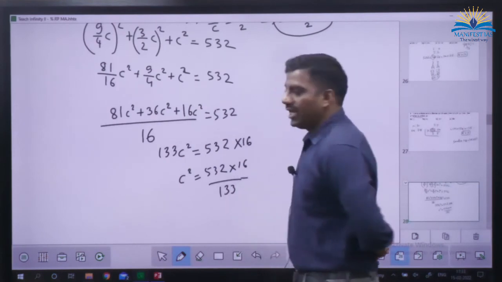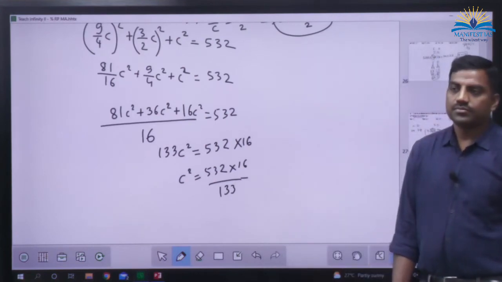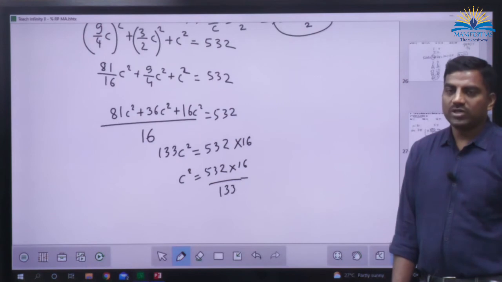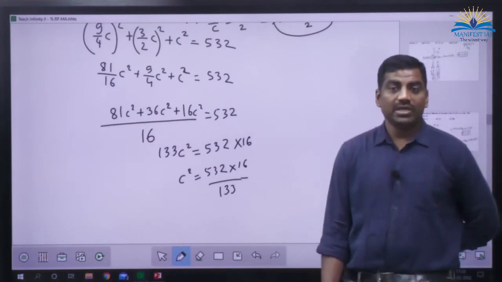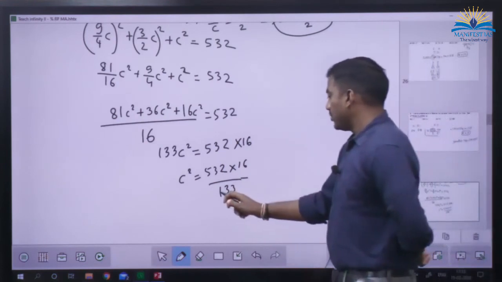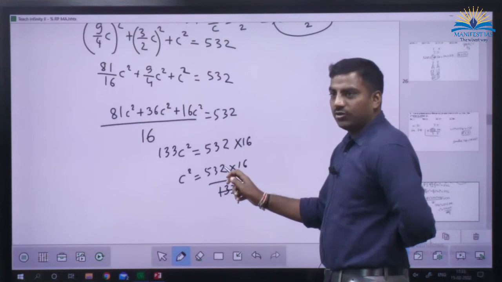You should have a good relation with 133. As soon as you see 133, 19 sevens should come to your mind. Otherwise, you should go on checking the divisibility, which will be difficult. So 19 sevens are 133, and 532 you check.